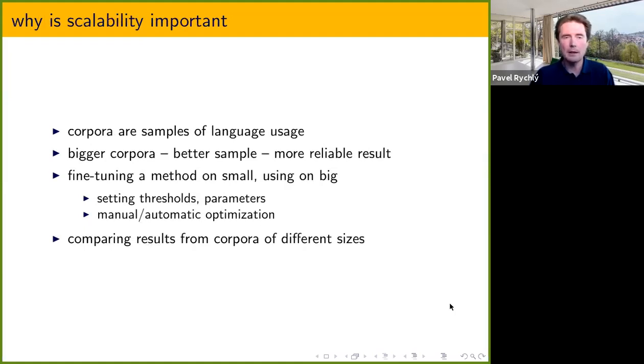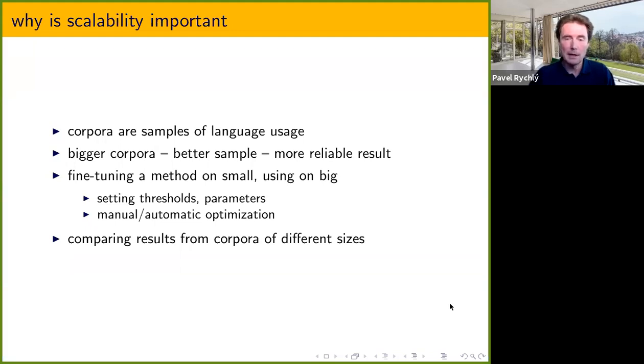First, why scalability is important. We use corpora as samples of language usage, and we somehow expect that bigger corpora are better samples because they are bigger. And so from bigger corpora, we can get more reliable or better results.